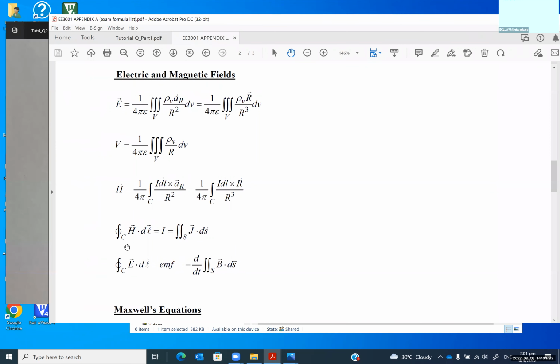This one here is Ampere's law. Okay, now next very big challenge: read it out in your own words, what it says. That means read it out in a way that you know how to use it. What does it say?